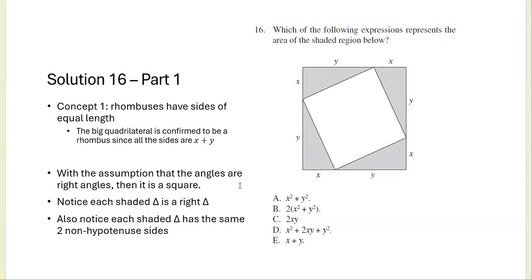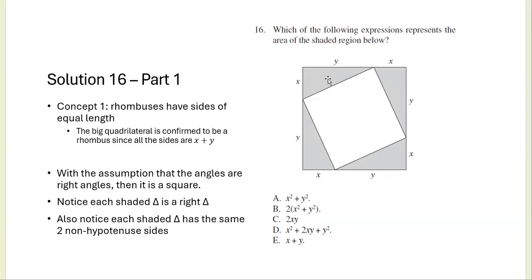what did I say in the slide? So notice that all the sides of this outer quadrilateral, I can't say that word, quadrilateral, are the same length. They're all x plus y. It's not a square. It's a rhombus. Rhombuses have sides of equal length.